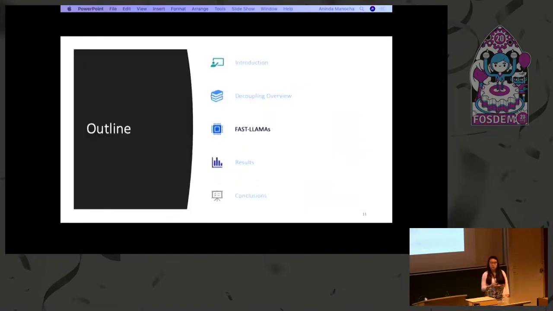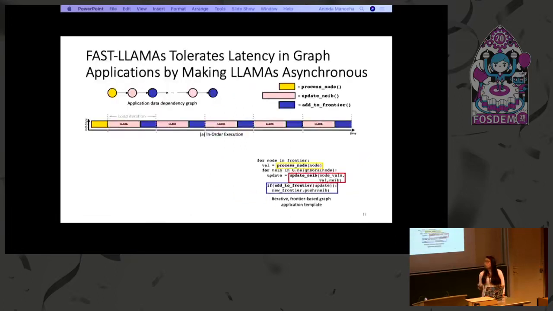So now I'm going to talk about how FastLlamas leverages this decoupling technique to tolerate latency. To provide a contrast, this is the original kernel for the iterative frontier-based graph applications. This is broken down into three high-level functions. The process node, which is highlighted by the orange boxes, and then we have the update neighbors, which is our llama, and this is highlighted by the red boxes.